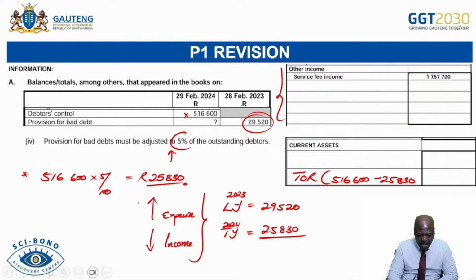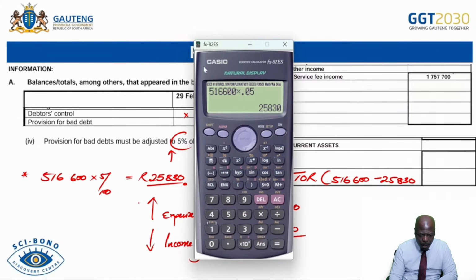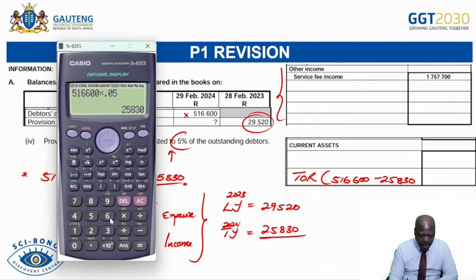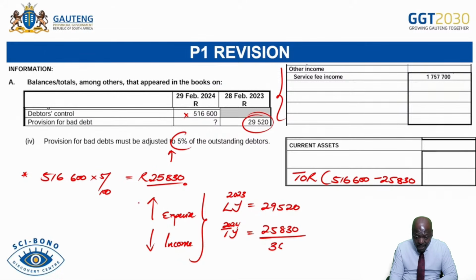And then we get the difference. So on my calculator, I say 29,520 minus 25,830, like that. And then the difference becomes 3,690. You can see here it has gone down from 29 to 25.